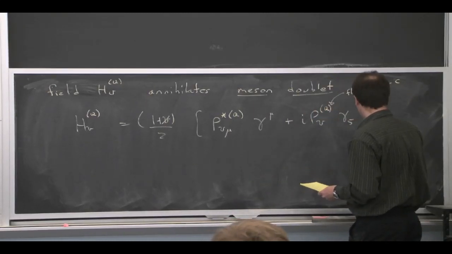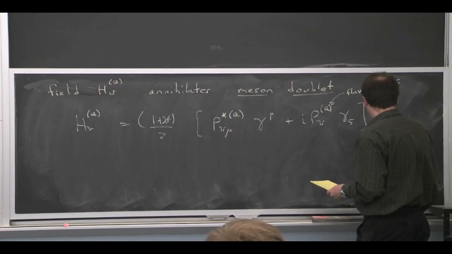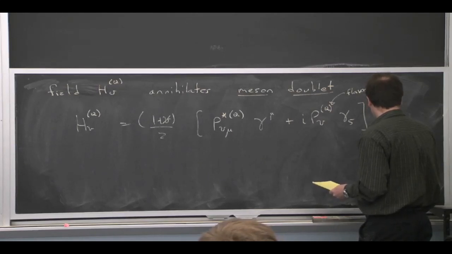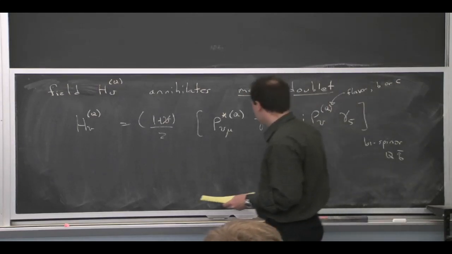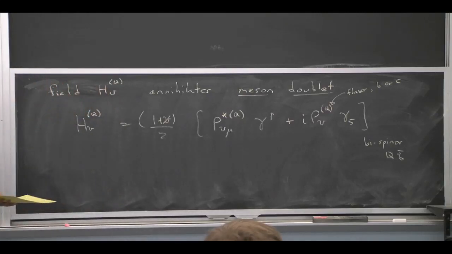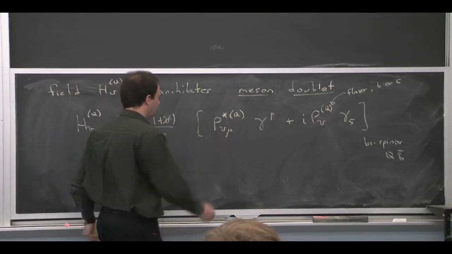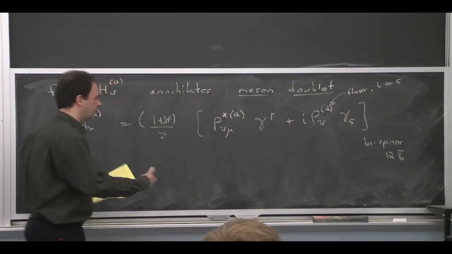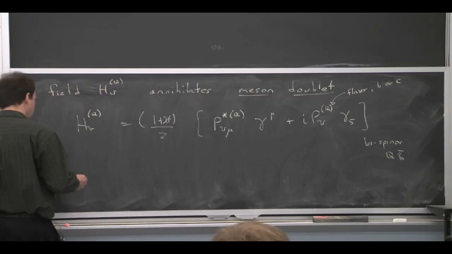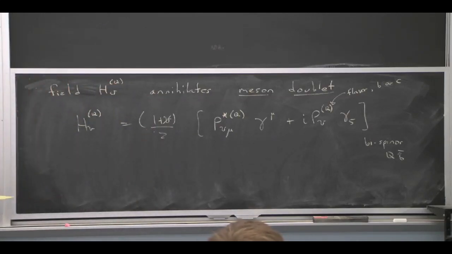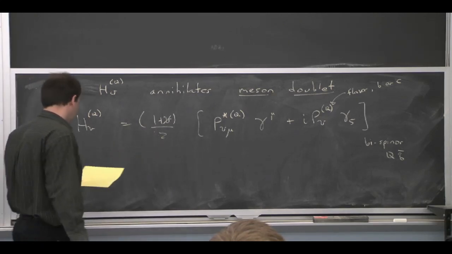And so this guy's a bispinor. It's got the indices of Q Q-bar, but it's turned a vector field and a pseudoscalar field into a bispinor. This factor, (1 + v-slash)/2, is projecting out the heavy quark degrees of freedom.